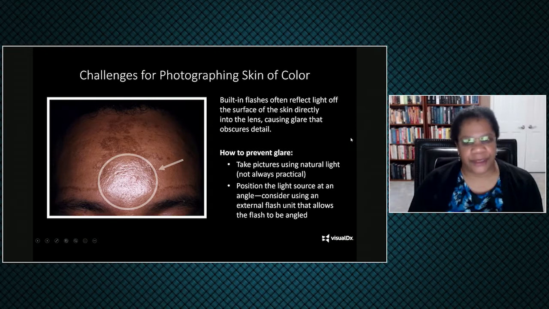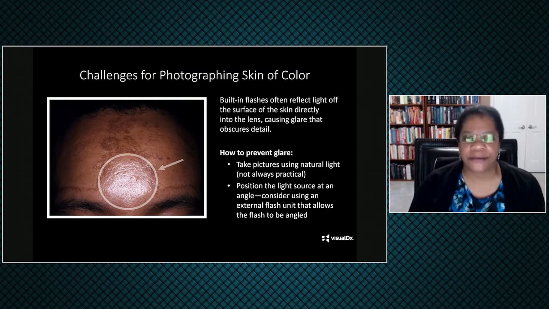Another way, which isn't on the slide, is you can very slightly change your orientation so that you're at a very slight angle to the subject. That doesn't always lend itself to every subject, because in general, you want to take the picture at an angle that's perpendicular to the subject. So it doesn't always work, but you can try it. All right, next picture.